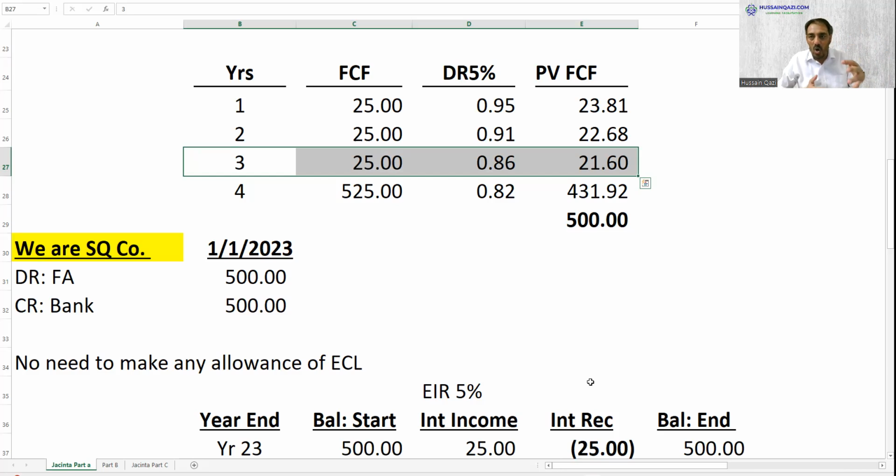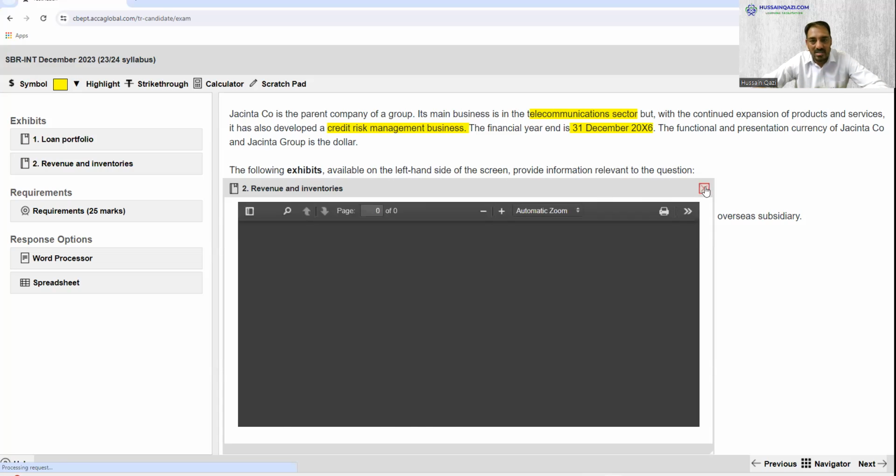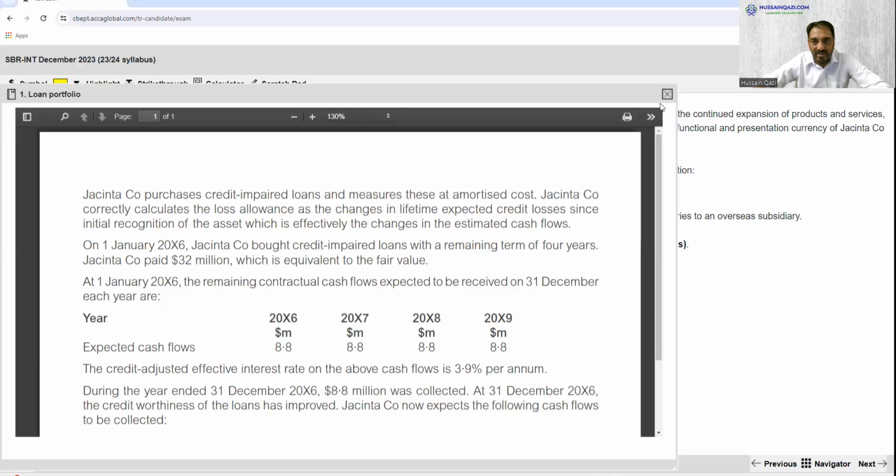But how will we cover this particular aspect? We will consider the Jacinta company. So come on with the Jacinta company. This is the case of the Jacinta company.